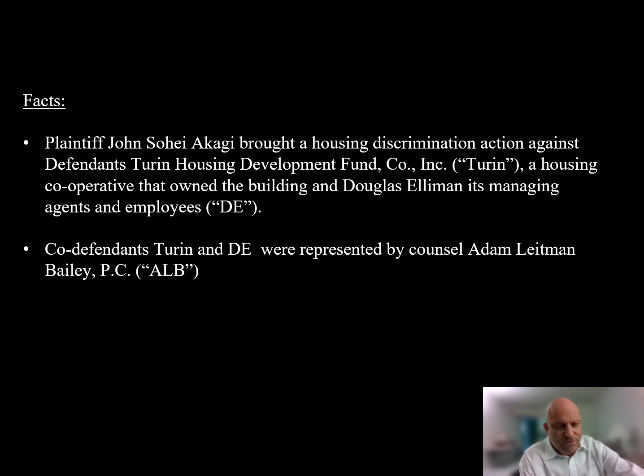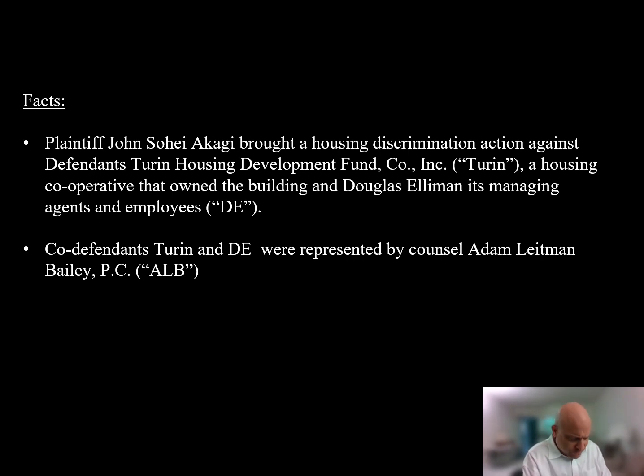So why would two defendants hire the same counsel? The main reason is to save money. As everybody knows, litigation can be extremely expensive. And if the interests are aligned, or they seem to be aligned, and it seems like there are no potential conflicts, it makes sense to hire the same lawyer because he's basically doing very, very similar work, especially in a situation where the facts are very similar, it's the same fact pattern, or it seems to be the same fact pattern, and the same law is going to apply.